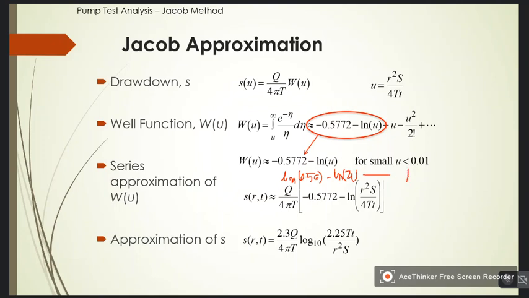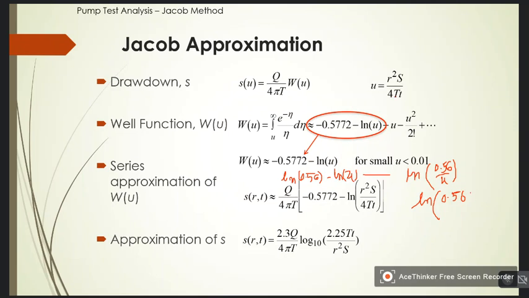This is log 0.56 divided by u. So this is written as log 0.56 by u. What is u for us? u is r squared S by 4Tt.